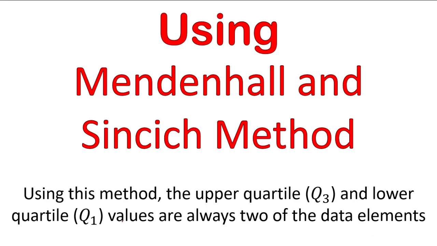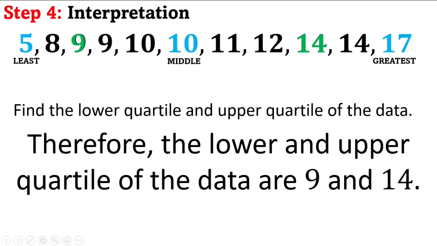So, that means the values of the upper and the lower quartile are always two of the data elements of the whole distribution. Say for example here, we're looking for the first quartile. The first quartile must be one of these elements.